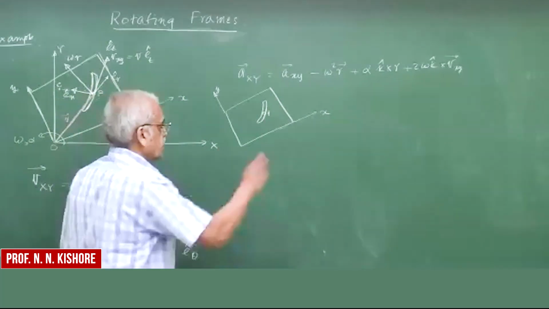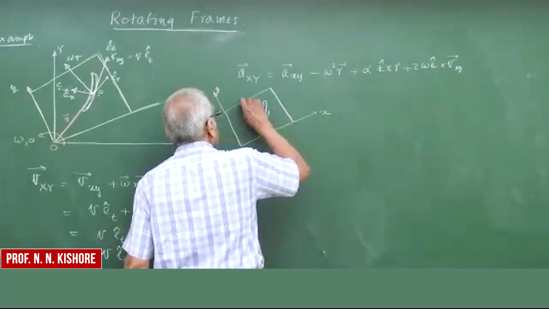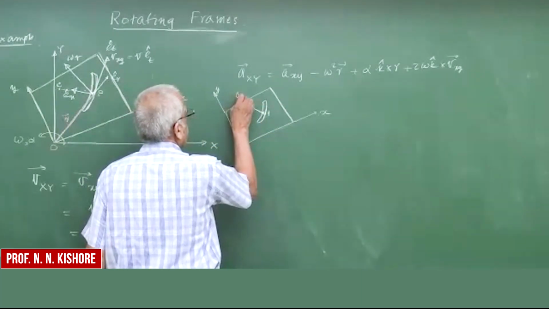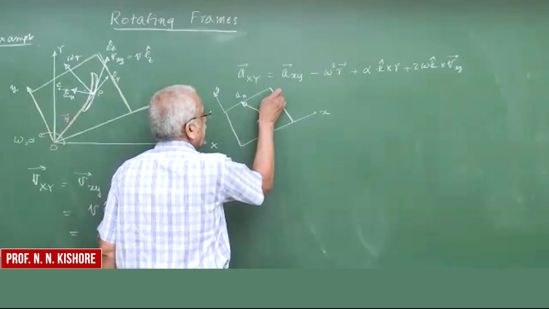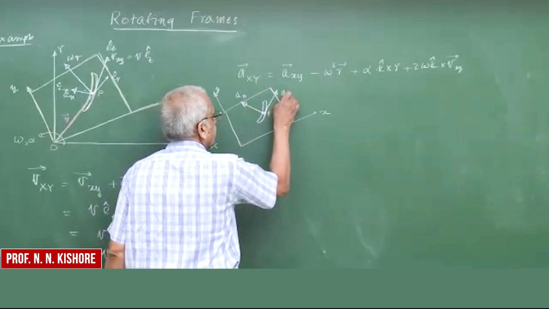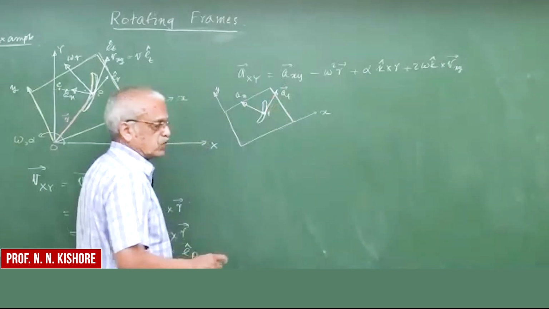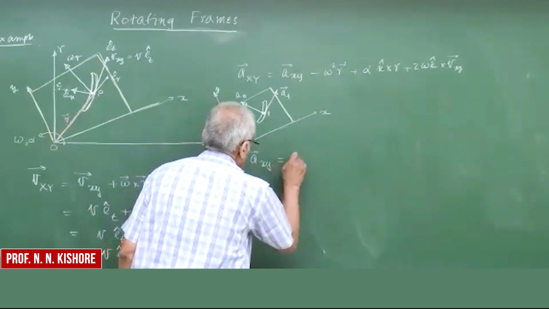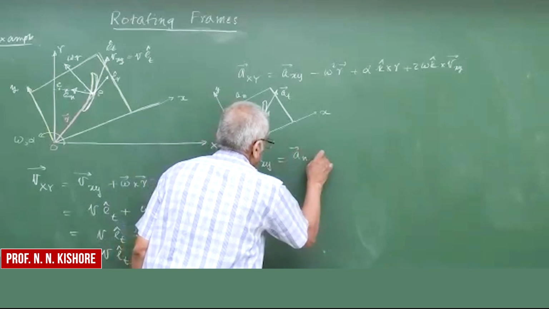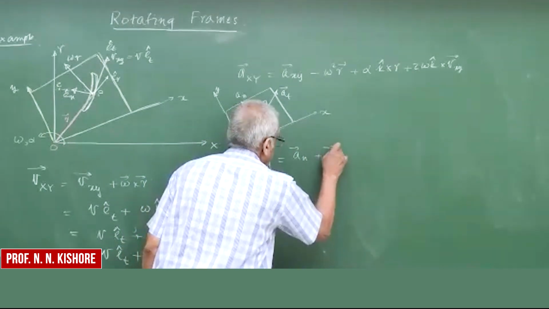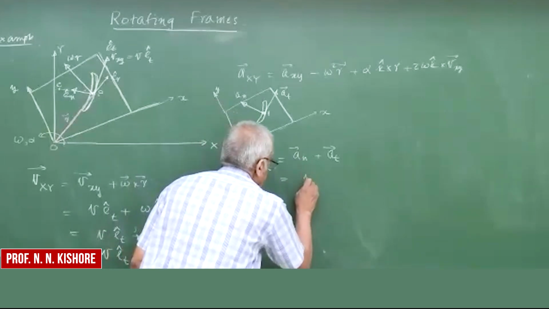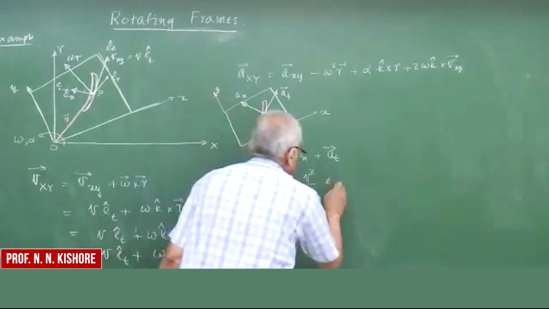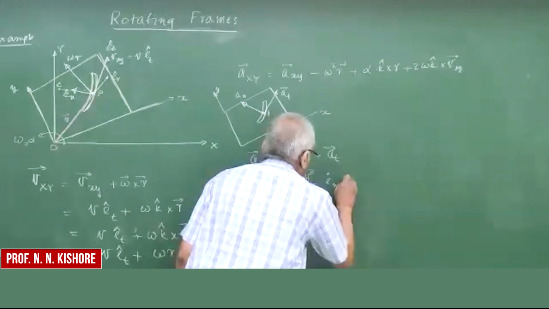So what is v square by rho? That is a_n, and we also have a_t. So as far as a_xy is concerned, we have a_n and a_t, and a_n is v square by rho, and in particular, if you want the direction, e_n.